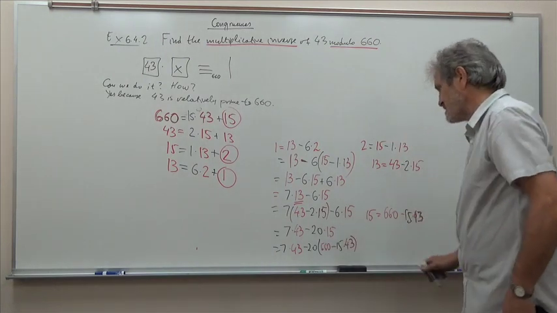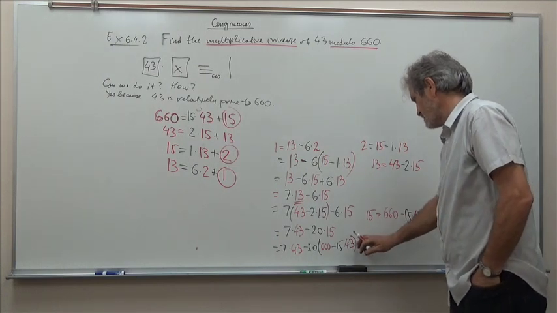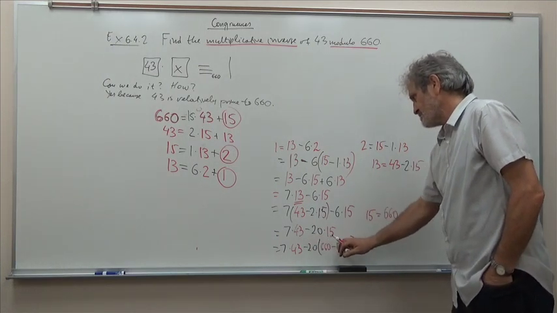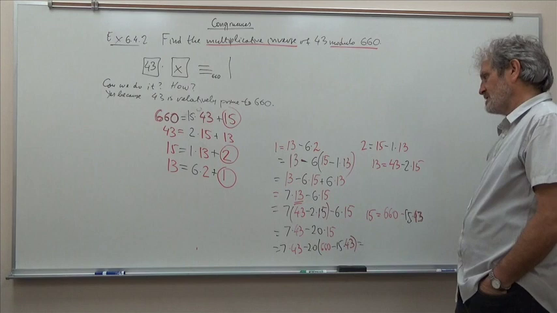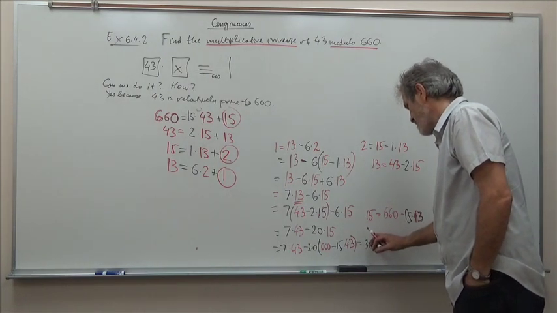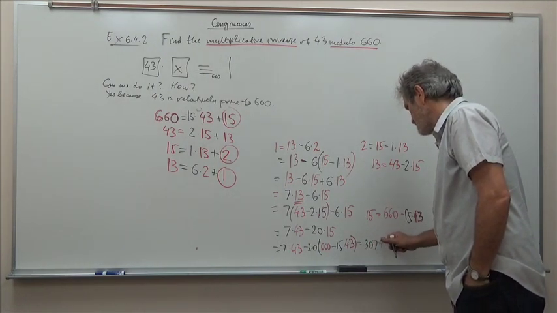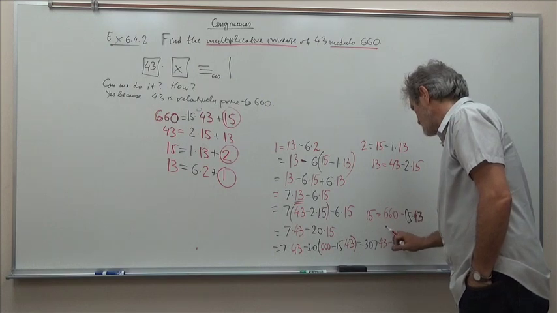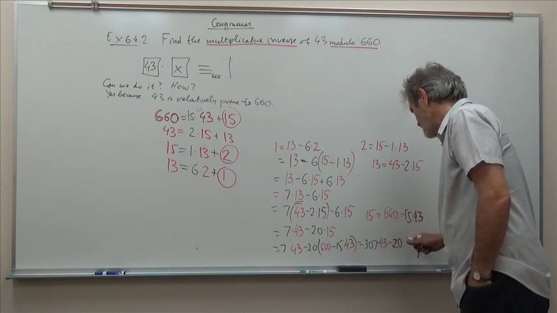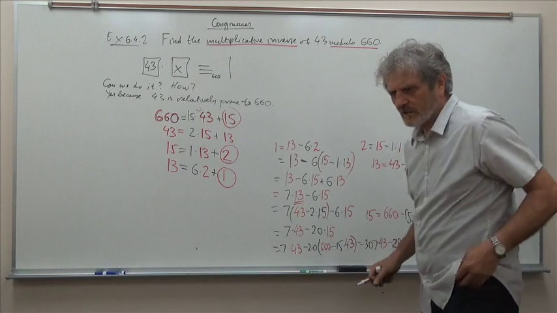And then if I distribute the black numbers on 43, I'll get minus 20 times minus 15 is 300, 307 times 43 minus 20 times 660.